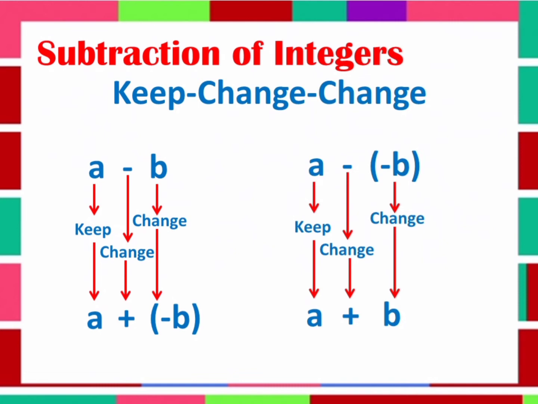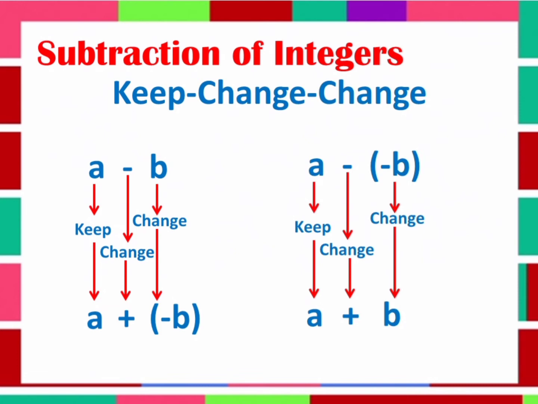So again, if they are same sign, you are going to add and copy the common sign. And if they are unlike sign, you are going to subtract and copy the sign of the number that has a greater value. So let's have more examples to understand it further.